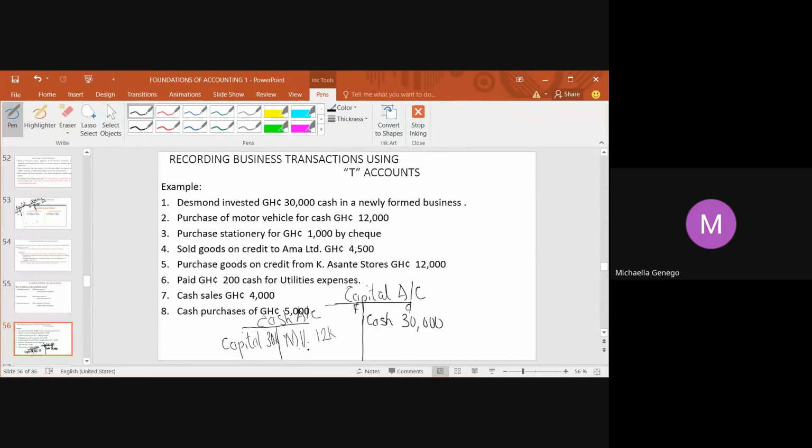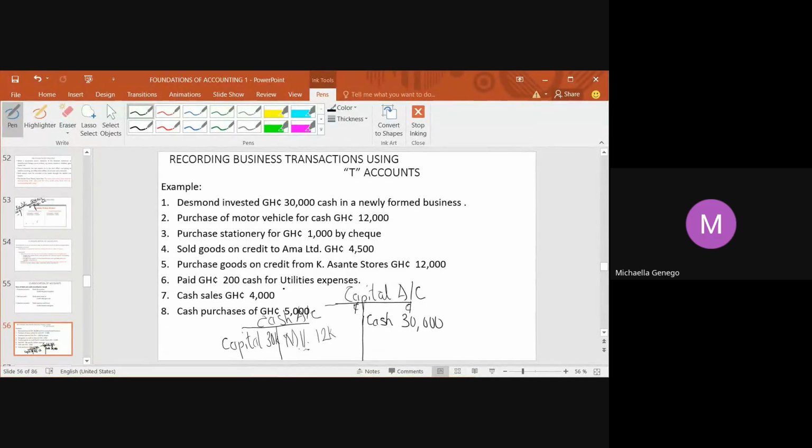Do you understand? Yes, madam. So you don't need to open one account twice. That is the analogy I'm trying to create. You don't need to have a cash account like 3 times. Just the one account you've created, you will be putting in all your cash entries.